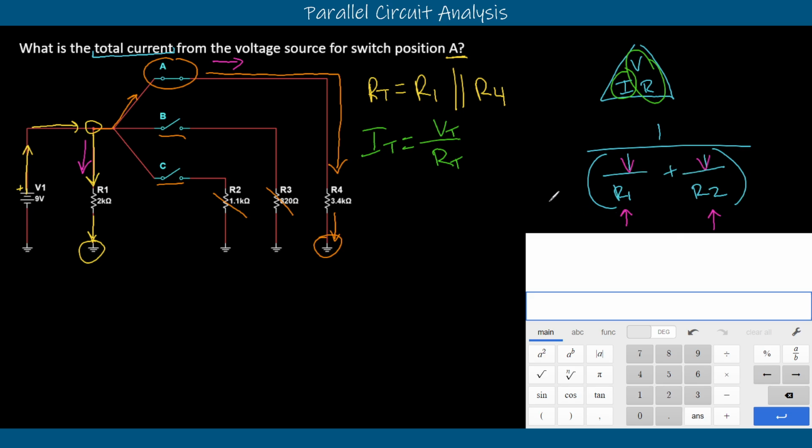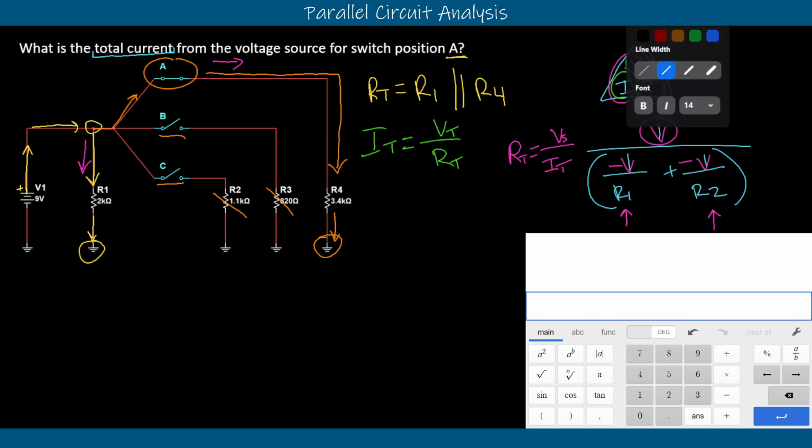And so that means that we have IT on the bottom, and on top we have another V. We have a 1 up here, and we said that the ones down here represented the voltage, so we're going to say that this also represents a voltage. That allows us to say that we have voltage over IT, the source voltage divided by the total current. And that is Ohm's law for resistance: RT is equal to voltage over IT. So that's why we use this equation.